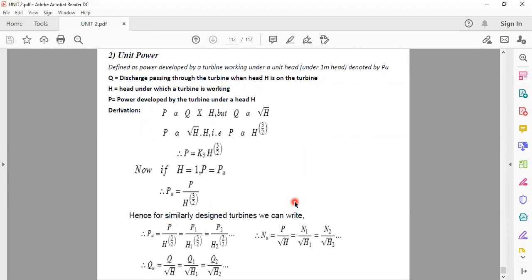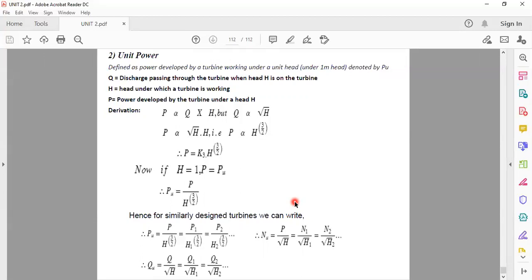So P is directly proportional to Q into H, but Q is directly proportional to under root of H. So P is directly proportional to under root of H into H. So P equal to K3 H raised to 3 by 2, where K3 is a proportionality constant. So put unit quantities H equal to 1 and P equal to unit power. After putting, we are getting Pu equal to P upon H raised to 3 by 2.